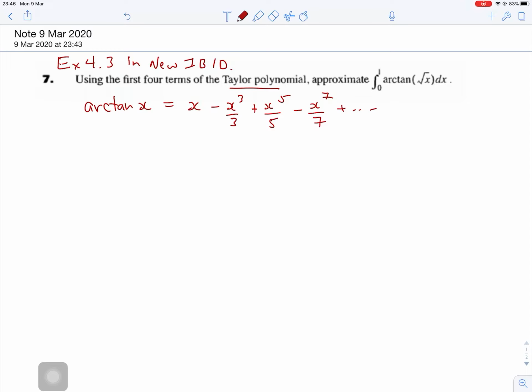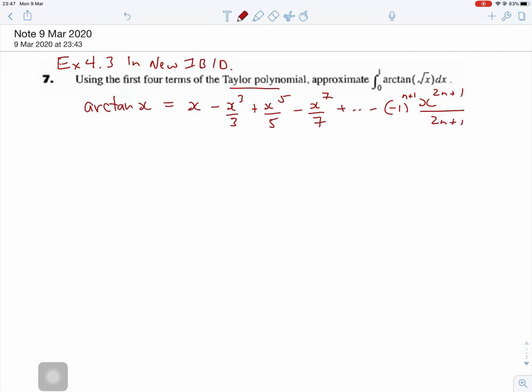Okay, the general term is x to the 2n plus 1 over 2n plus 1 times minus 1 to the power of n would start off negative. We want to start off positive, so n plus 1 will work for us.